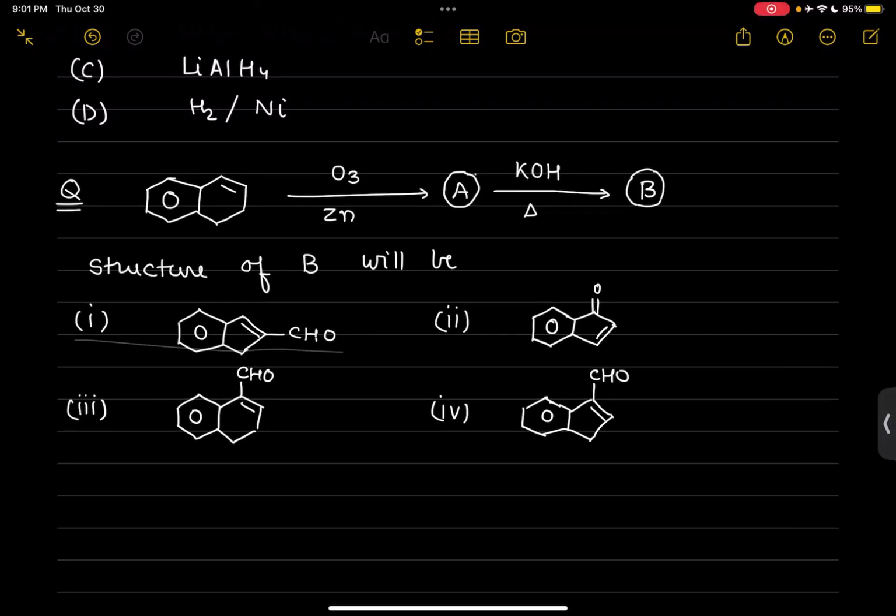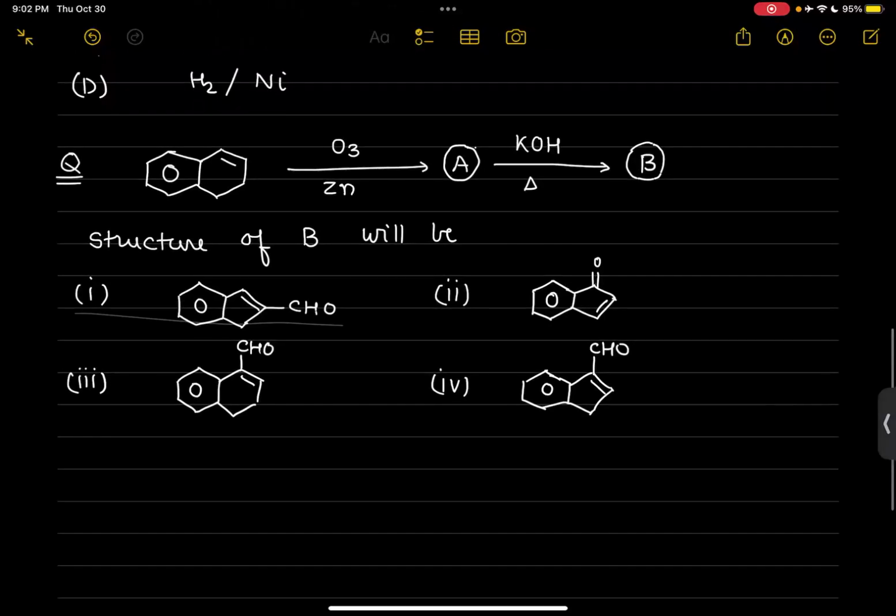This is ozonolysis. Help me out to solve this problem.